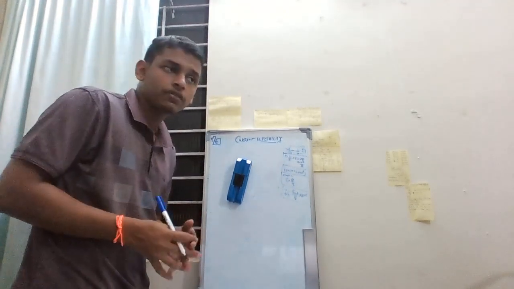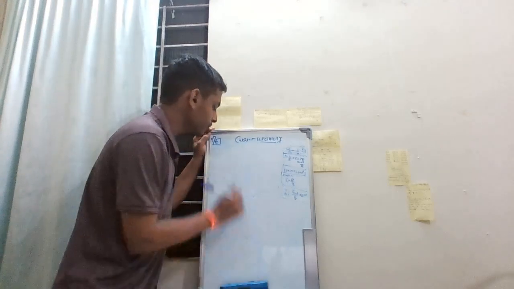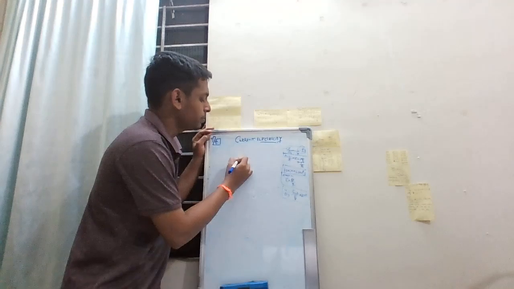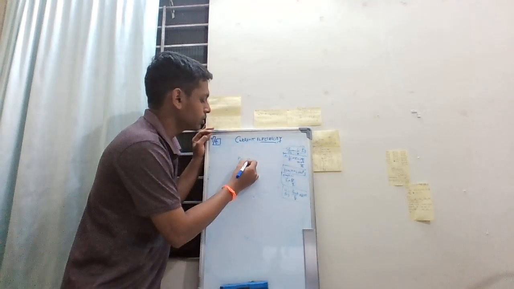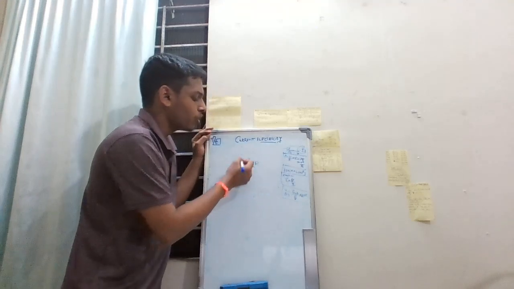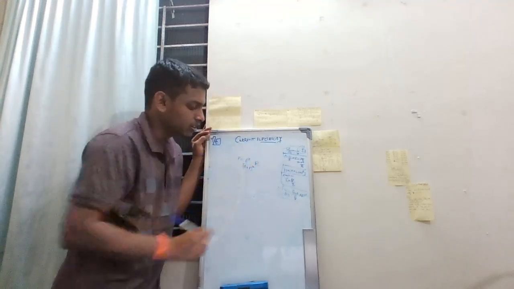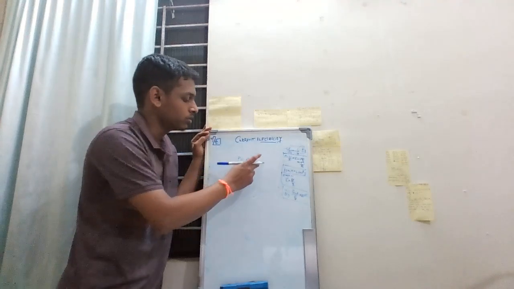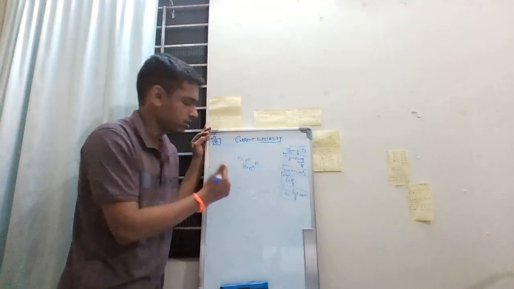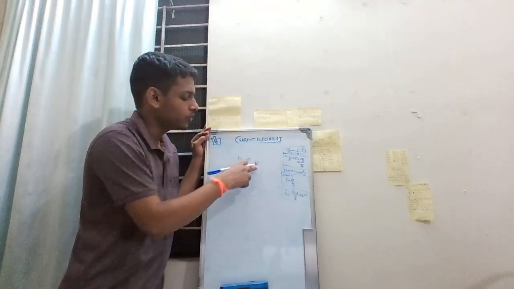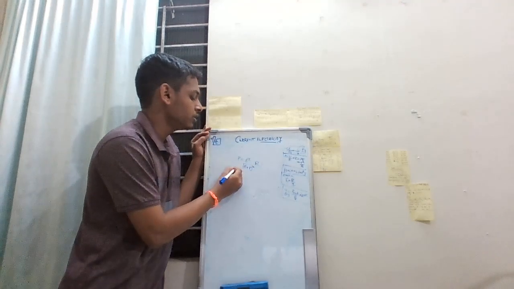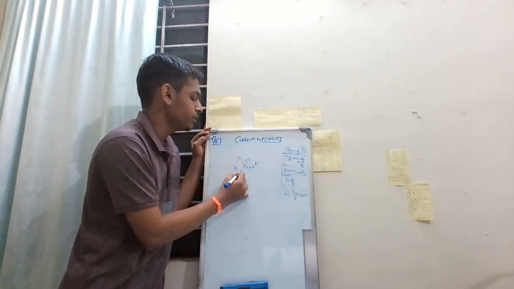So basically what they have done is that in the previous discussion of the question, we had come to the conclusion that P total would be E squared by R plus r whole squared into R. So for what value of the external resistance would P be maximum? They differentiated in terms of R, the external resistance, and we got that if R is equal to r, then P is P max.